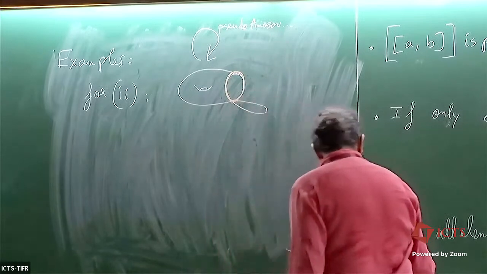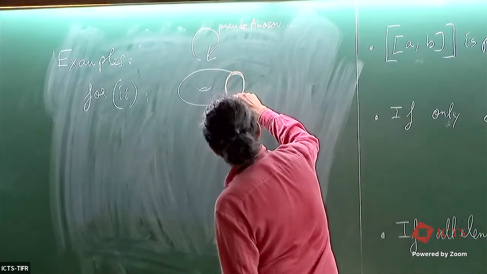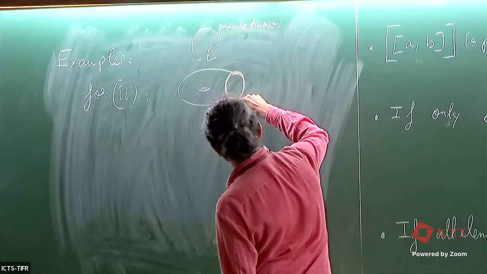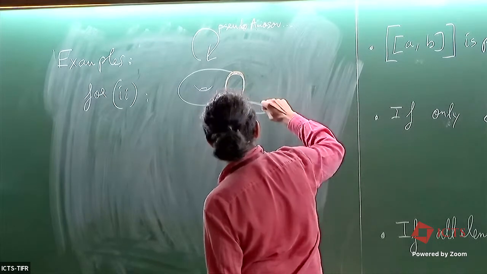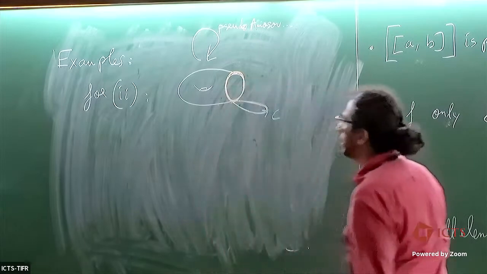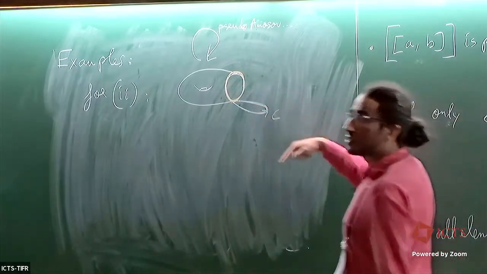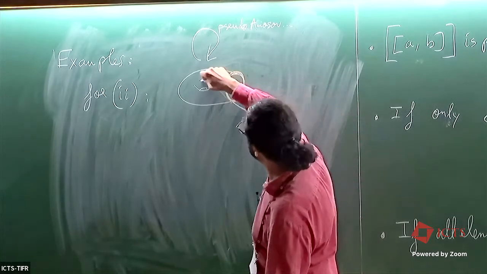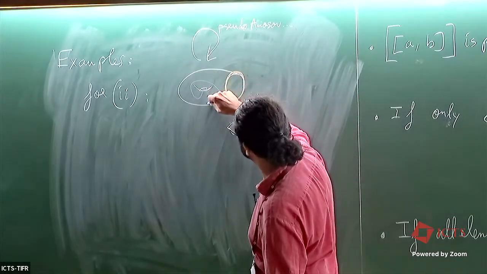And I still have to choose the image of the extra loop. And the extra loop, let me call it C, I choose as image C, followed by some loop in the surface.